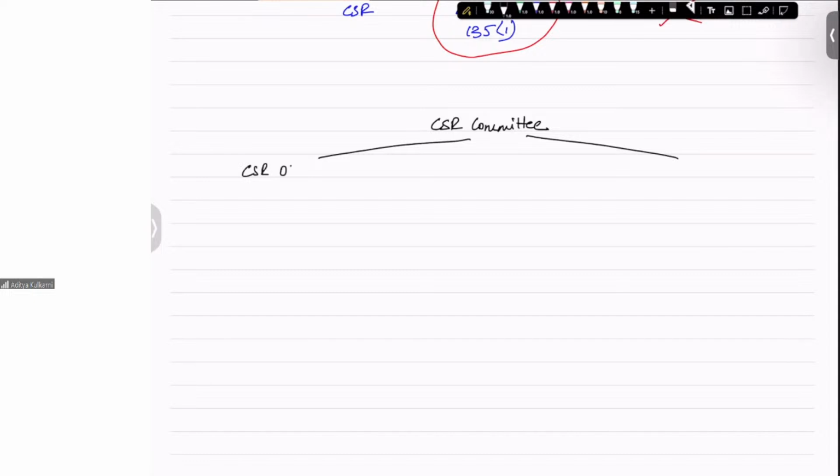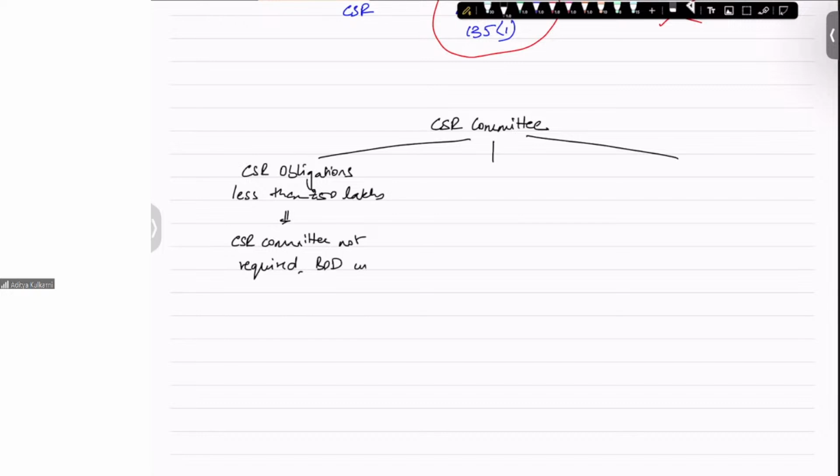CSR obligations less than 50 lakhs. If that is the case, the CSR committee is not required.